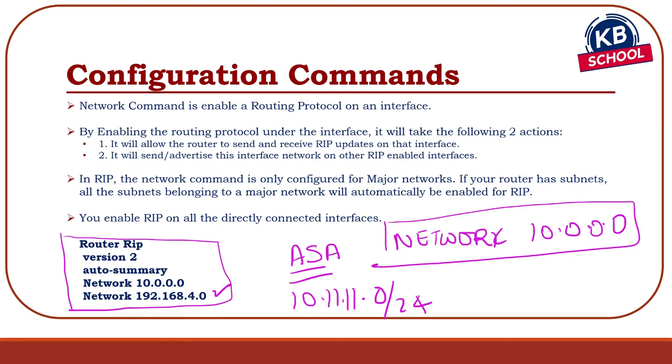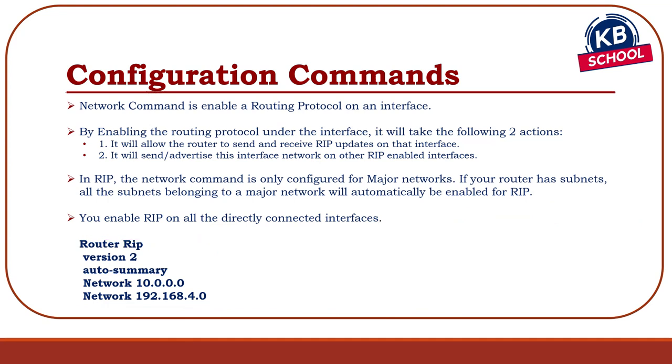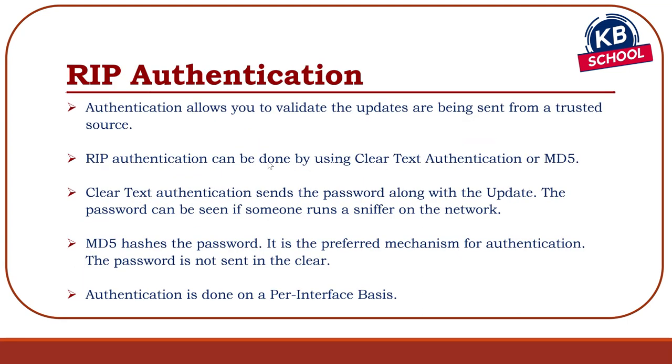Now the differences come in when you start enabling authentication for RIP. How do I go about doing it? Authentication, first of all, what is it used for? Authentication between two routers running a routing protocol is to validate that I'm talking to a trusted source. So for example, if I have router 1 over here and I have the ASA firewall over here, when router 1 sends me the updates, I want to make sure it's coming from a trusted source.